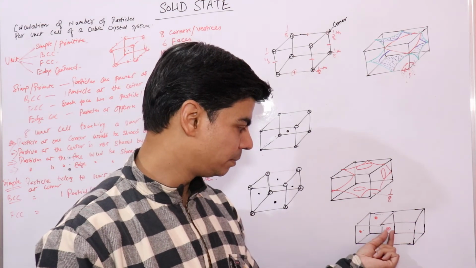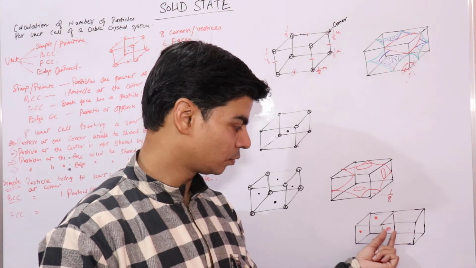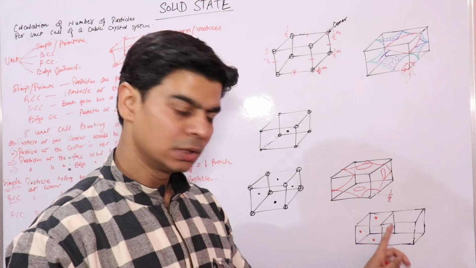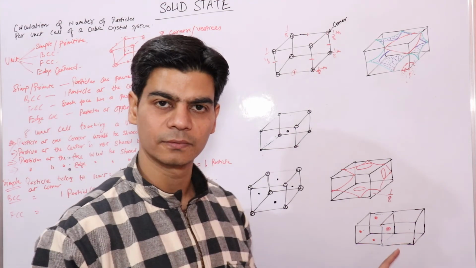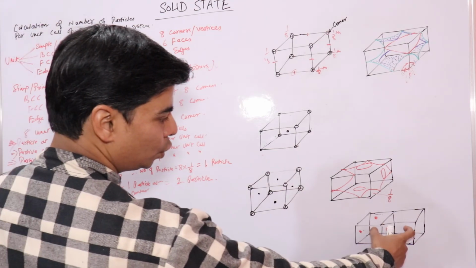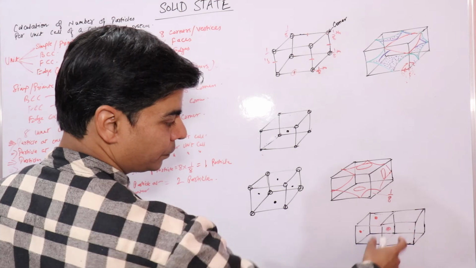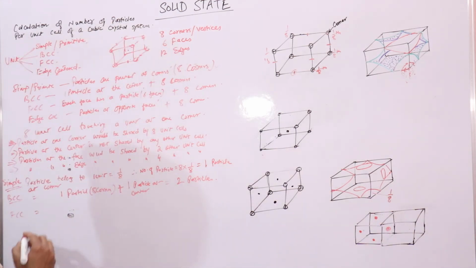So this particle belongs as half a particle. There are 2 unit cells, so how much of this particle belongs to each of these unit cells is half. This is a very simple calculation: 1 particle, 2 unit cells, so half belongs to each of the unit cells. So this calculation is a little easy.